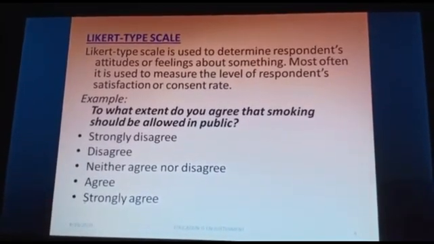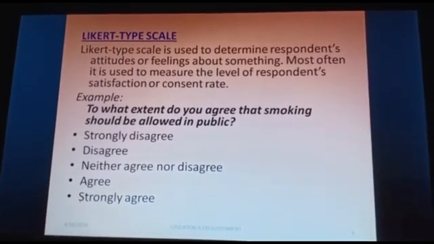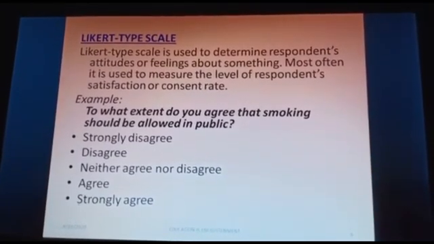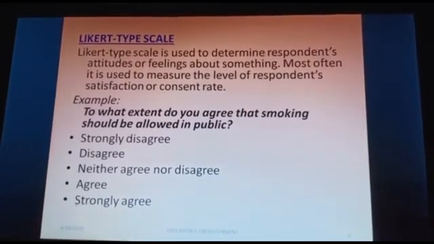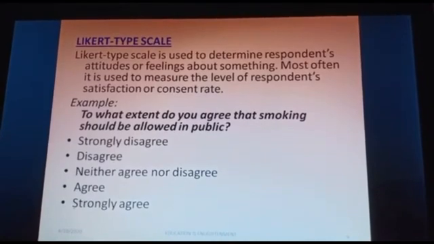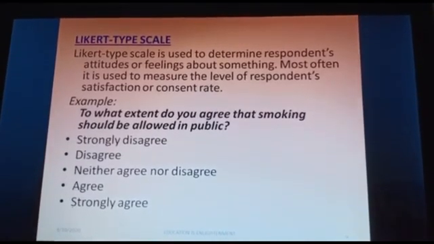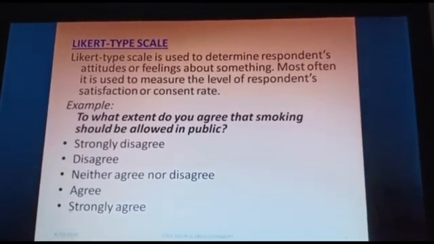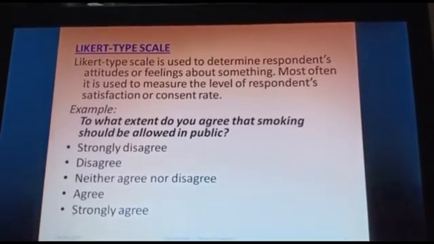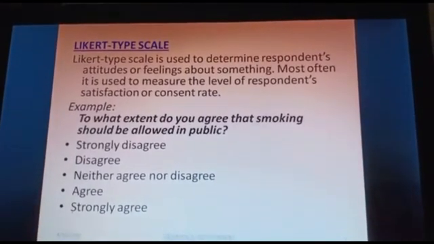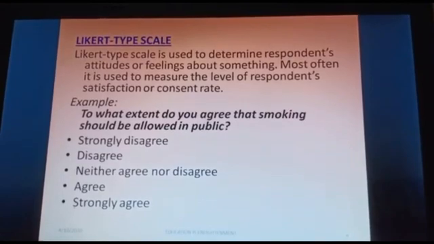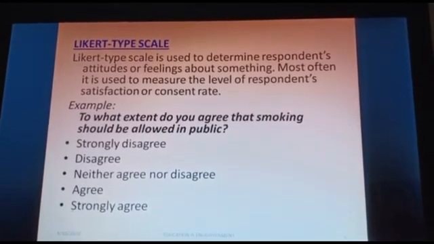And the respondent is allowed to give the answer as strongly disagree, disagree, neutral or neither agree nor disagree, agree and strongly agree. That means there are 5 options, and these options help the respondent to speak out about his feelings regarding the question.